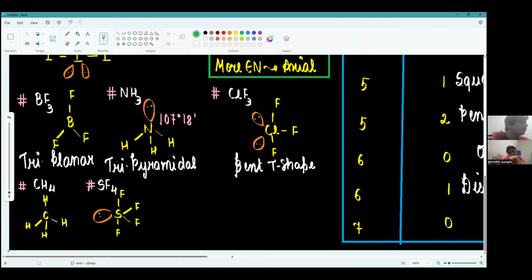If I can show you this. So here two fluorine atoms will be there. See, this is first fluorine. And this will be the second. It is exactly like this.